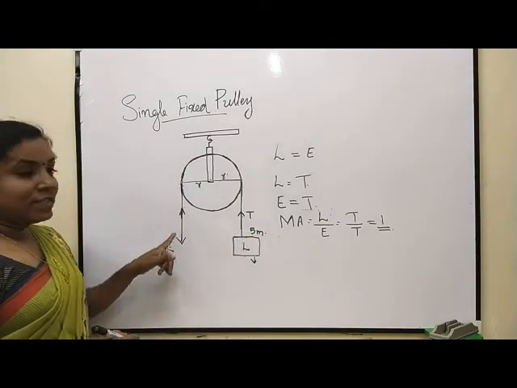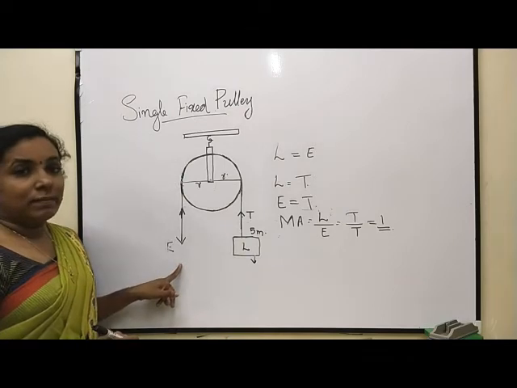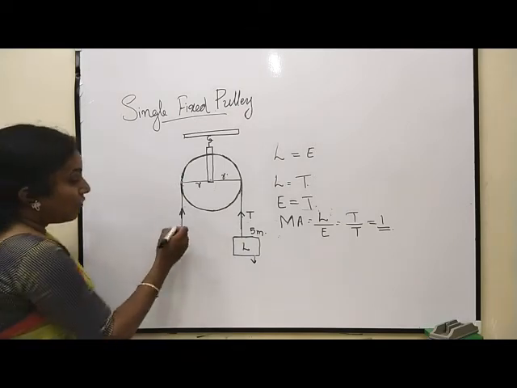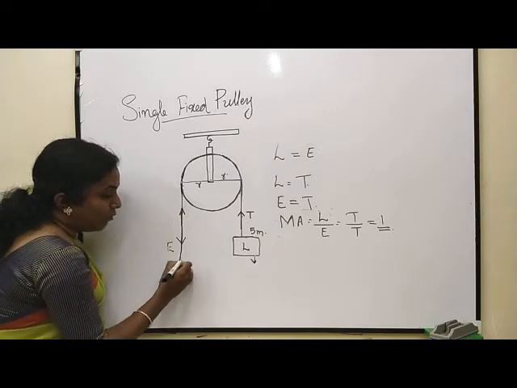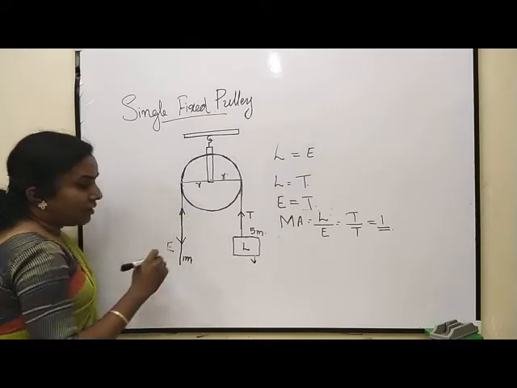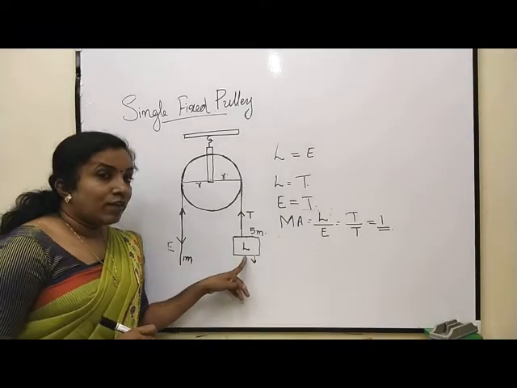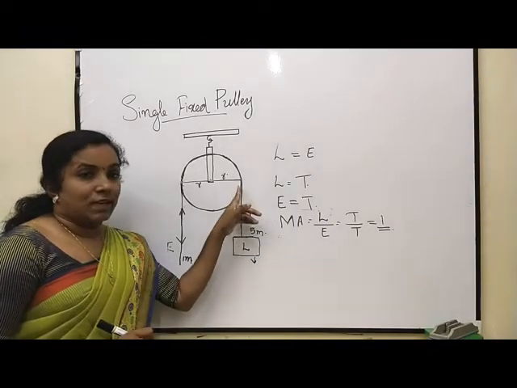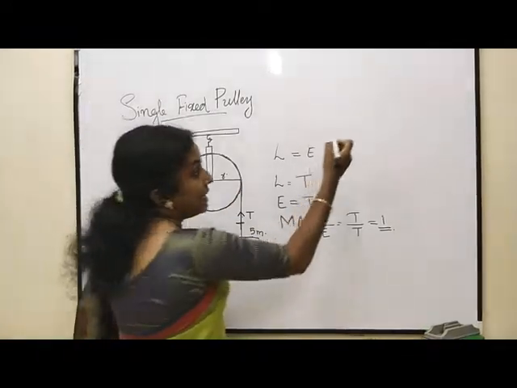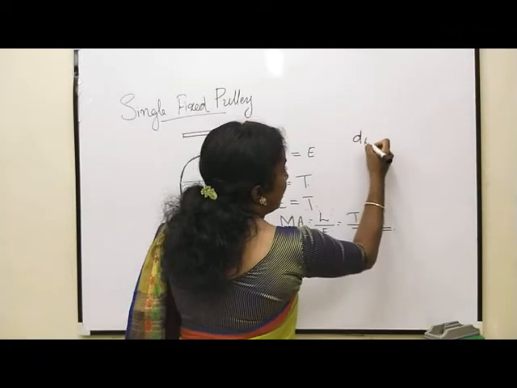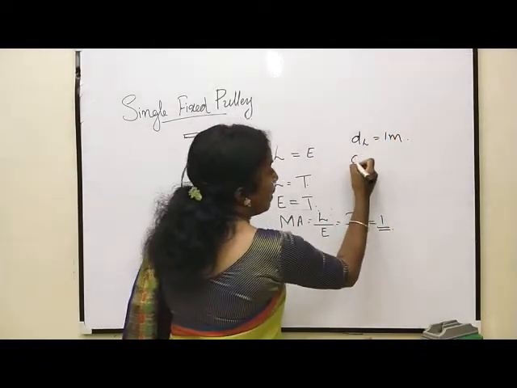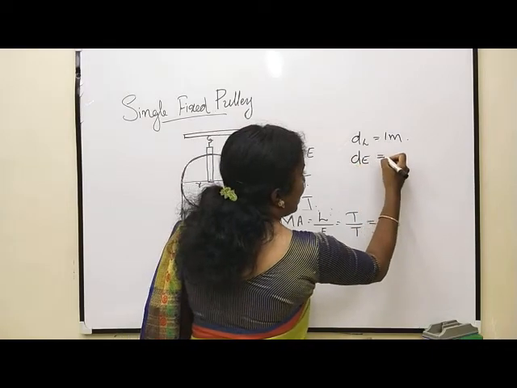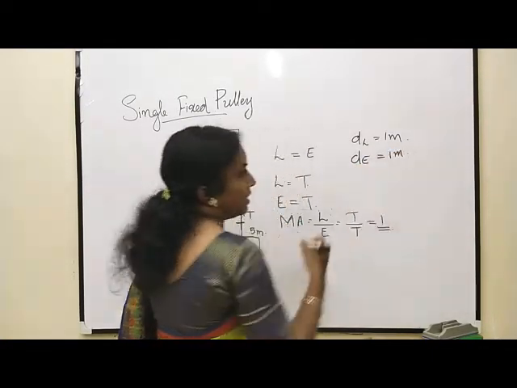When you move this effort 1 meter, that means when you move this rope downward by 1 meter, the load will move 1 meter above. That means if displacement of the load is 1 meter, the displacement of effort will also be equal to 1 meter.